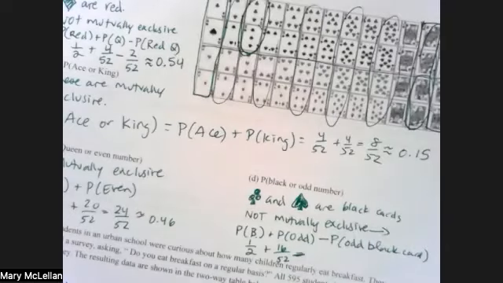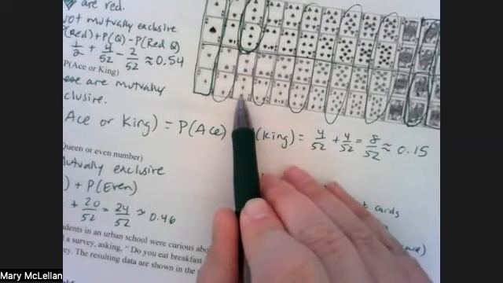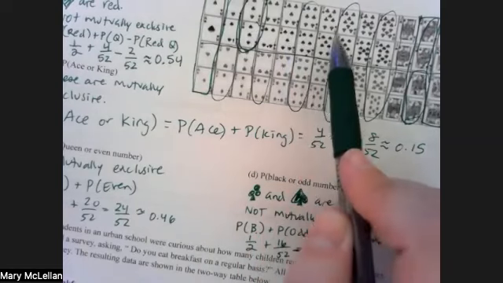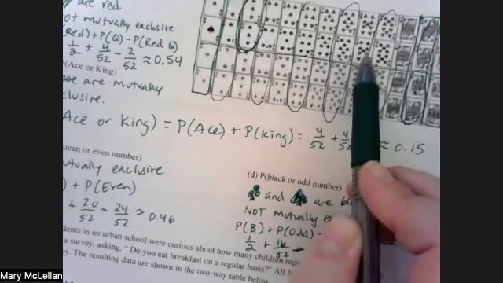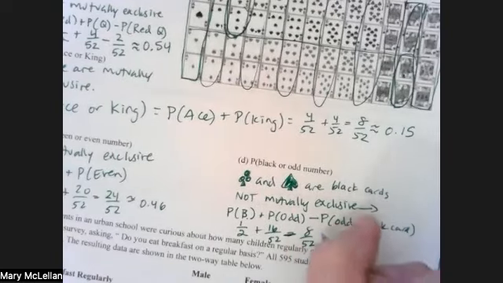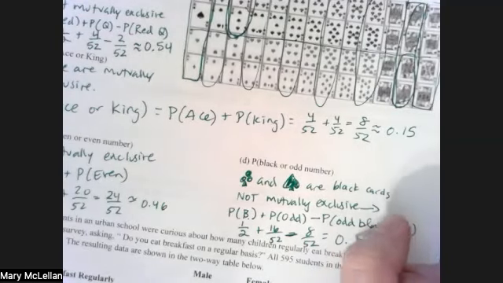How many odd black cards are there? 3, 5, 7, 9, 4 times 2. So minus 8 out of 52 equals, I'm going to use my calculator, 1 divided by 2 plus 16 divided by 52 minus 8 divided by 52, and that equals 0.65 approximately.